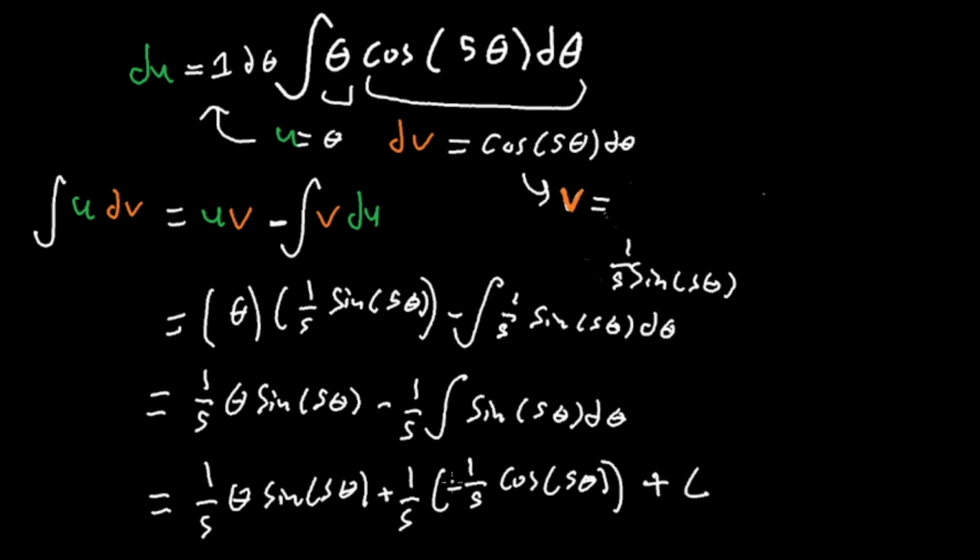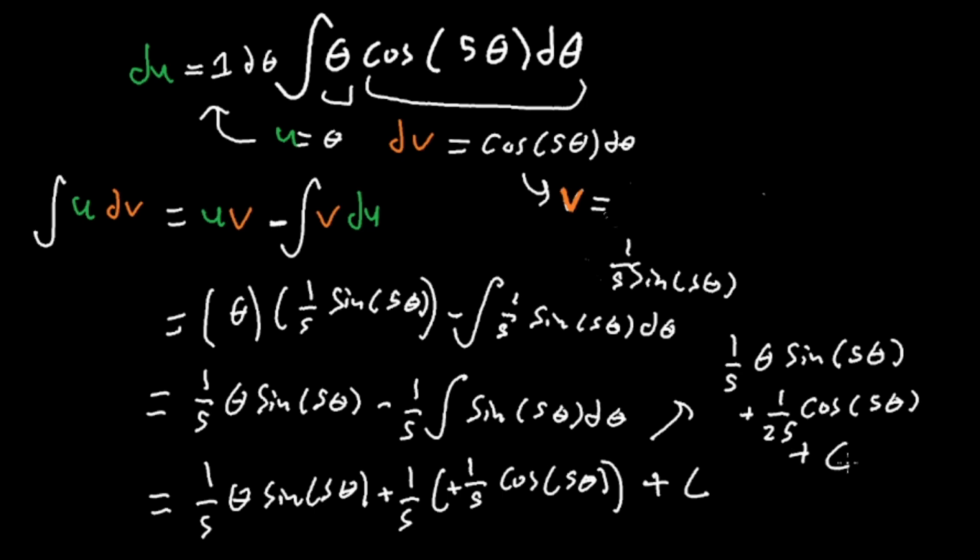So these negatives cancel, make a positive. So we get 1/5 theta sine of 5 theta plus, and then 1/5 times 1/5 is 1/25 cosine of 5 theta plus c. And that is our final answer.